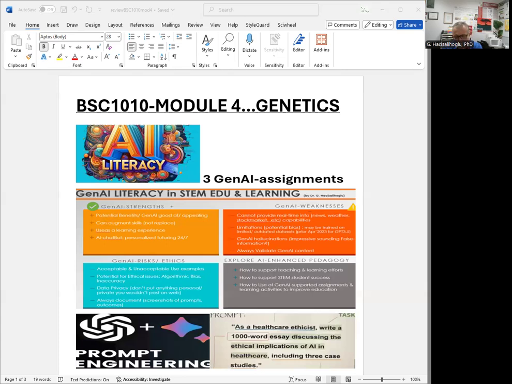And also number six, be transparent about usage of Gen AI, including using chatbots as a 24/7 tutor, using explain features or quiz me features or some other features.